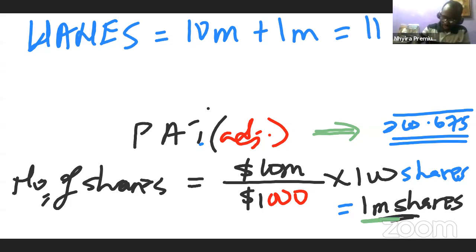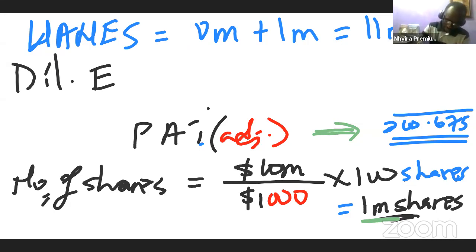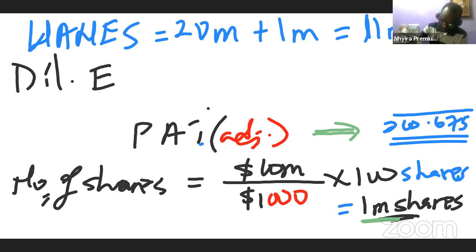Now here you don't bring the timing ratio. No bonus fraction issue comes in. You just add up straight up and go. So now our diluted shares are 20 million, not 10, so it's going to be 21 million.